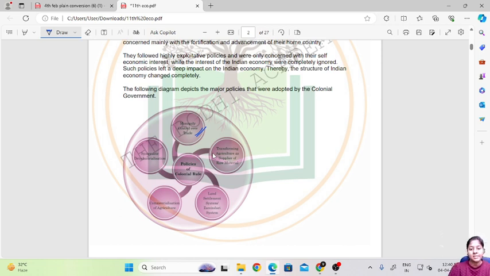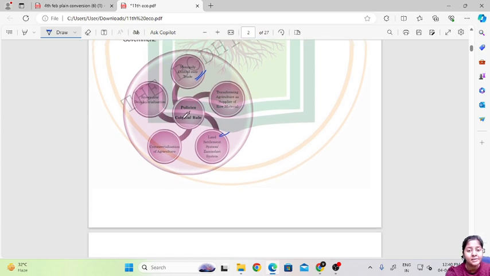Land settlement system or zamindari system. So these were the policies of the colonial rule, wherein they were spreading the monopoly, then they were transforming agriculture as a supplier of raw material, then the zamindari system was being followed.